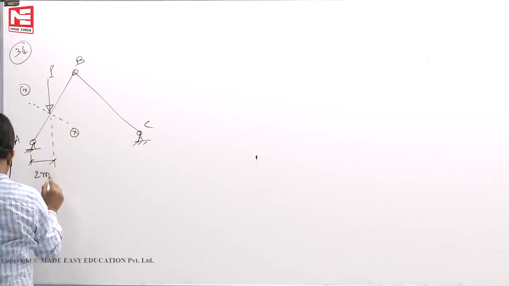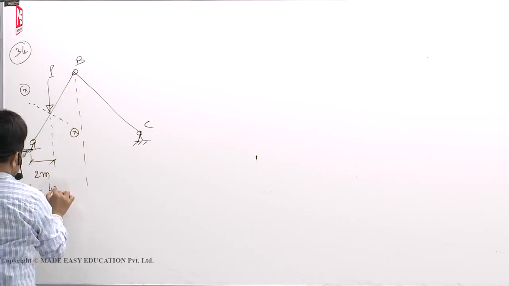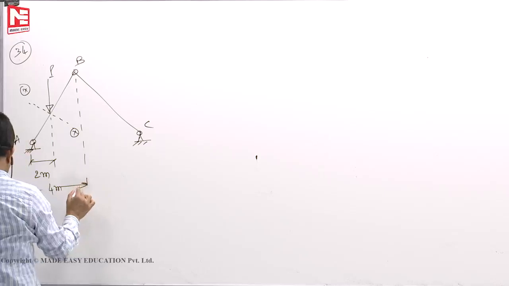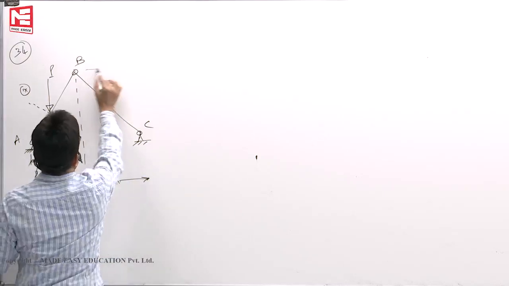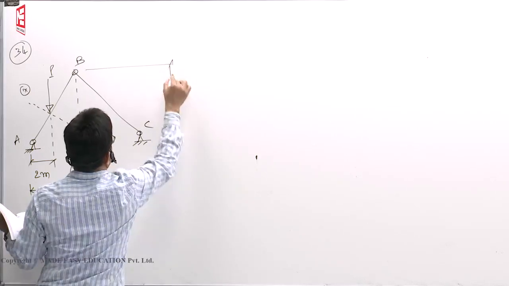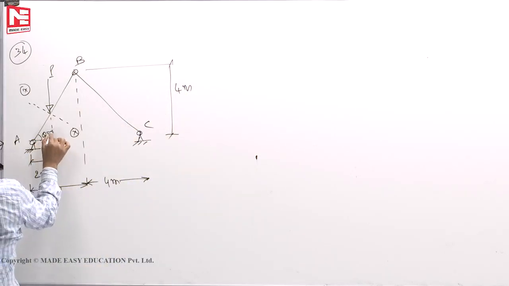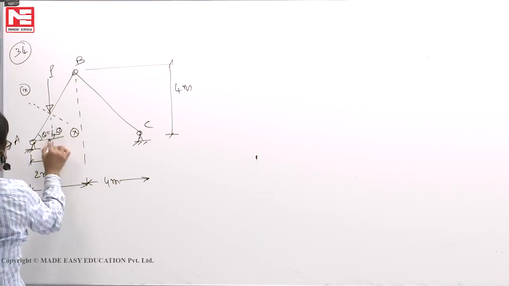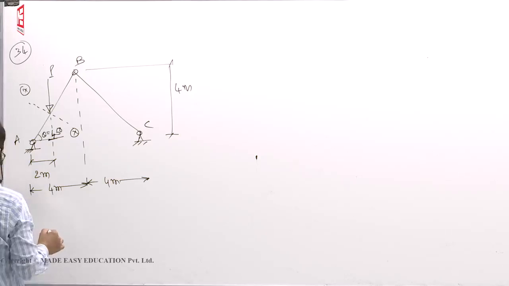This is 2 meters and this is 4 meters. Height is also 4 meters. This is also 4 meters. Height is also 4 meters. It implies that this theta is 45 degrees. Okay, what is the shear force at section XX?